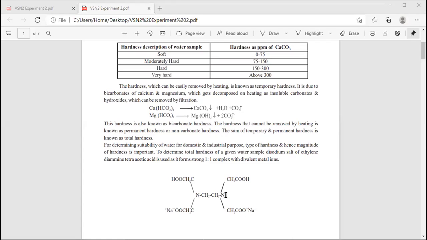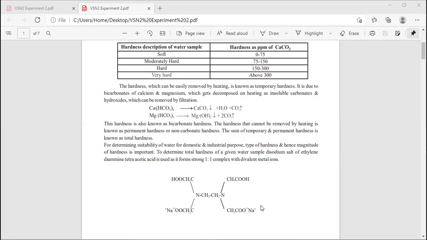If the valency of nitrogen is 4, then instead of NH2, we have made the 2 valency by the CH2COOH. Now you will ask me acetic acid is CH3COOH, but if you write CH3 here, the valency of carbon becomes 5. So here CH2COOH is the acetic acid group, and this is the structure of EDTA, ethylene diamine tetraacetic acid.